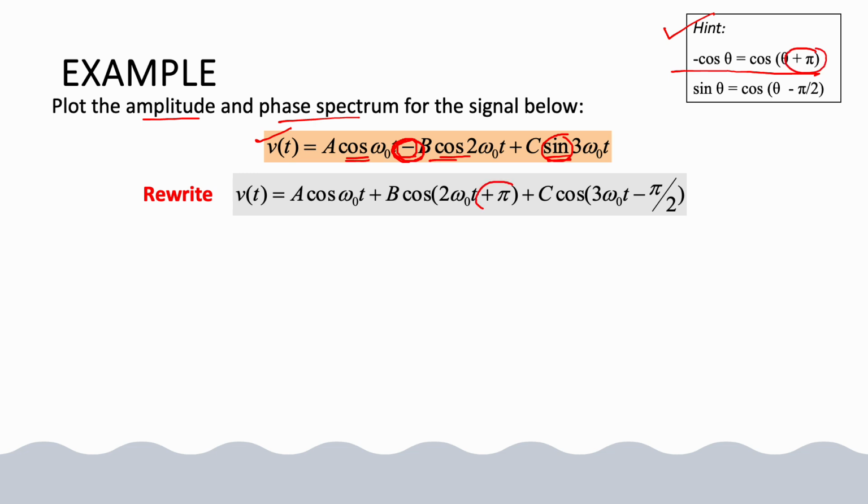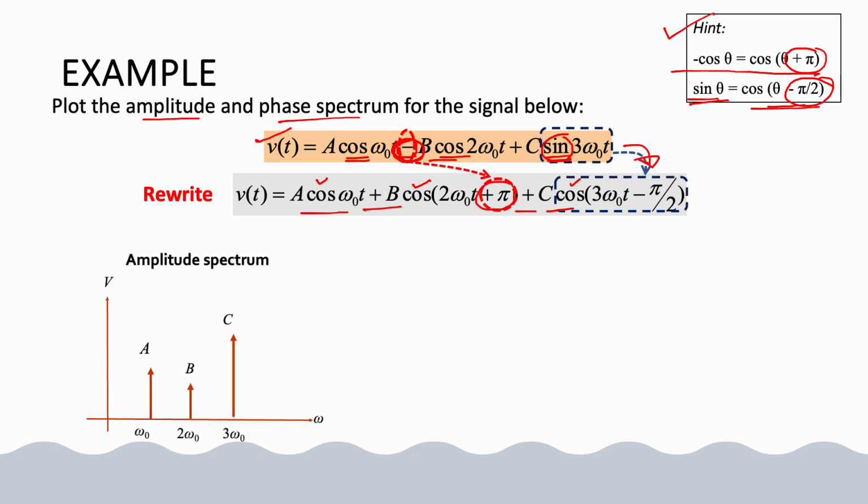So we need to add pi, and for sine, in order to change into cosine, there's going to be a phase delay of negative pi over 2. Once we rewrite the equation, all of the equation is in a cosine form and everything is positive.